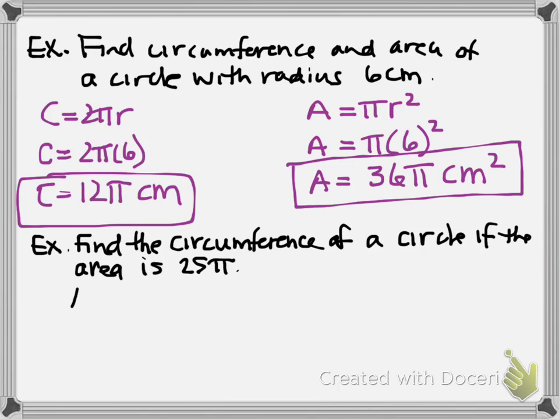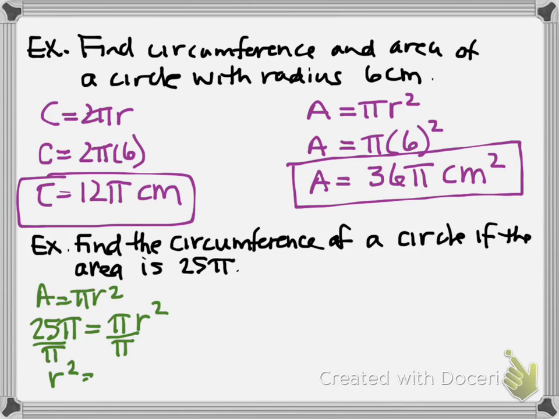So we have the formula for area of a circle is pi r squared, and then I plug numbers in where they belong. So A gets replaced with 25 pi. That equals pi r squared. I'm going to divide both sides by pi, and I'm going to use the symmetric property, and I get r squared equals 25. Now, when I put a square root symbol around a variable, technically plus or minus needs to go on the other side.